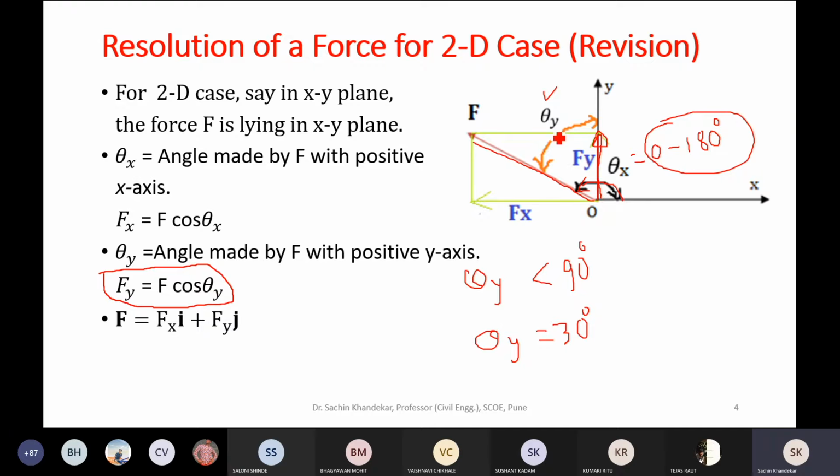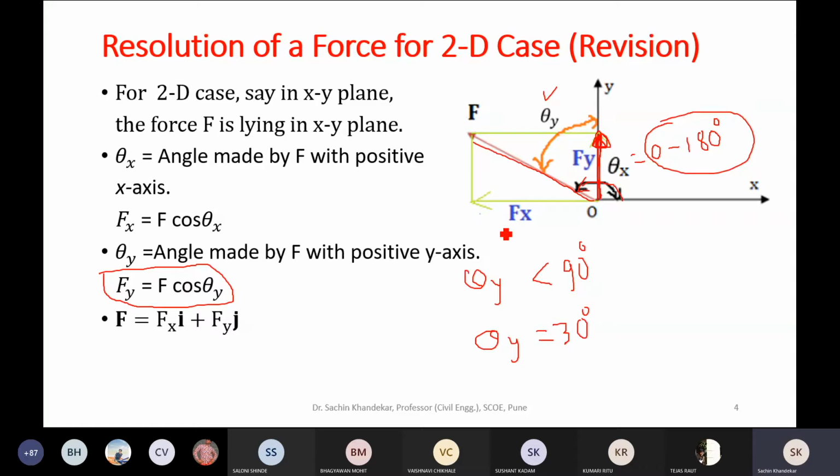So here in this example I have shown theta y less than 90 degrees, and the cos of all angles less than 90 degrees, I mean 0 to 90, is always positive, correct. And that is why here you will find that the y component of this particular force is in the positive y direction, this much.